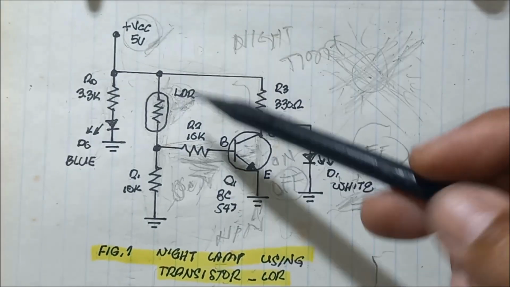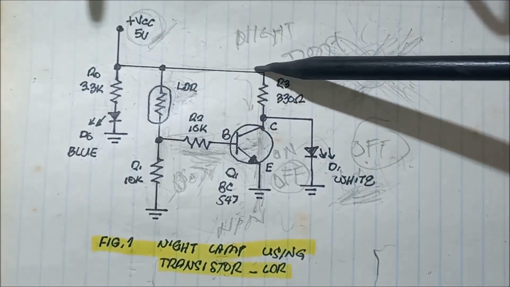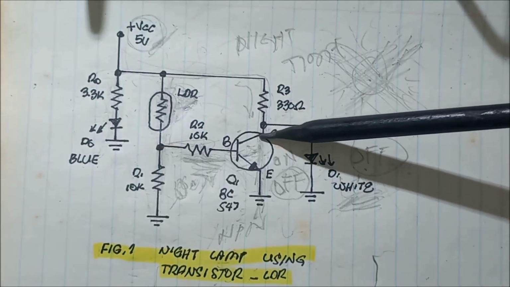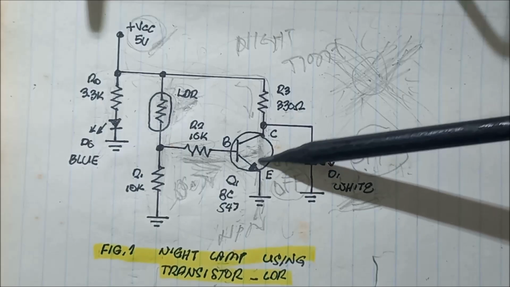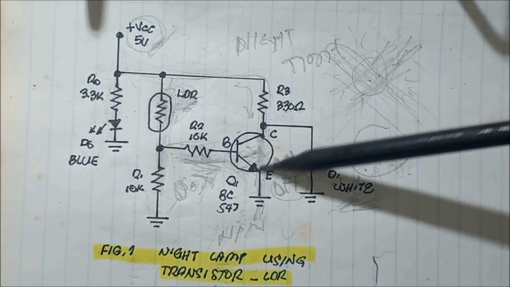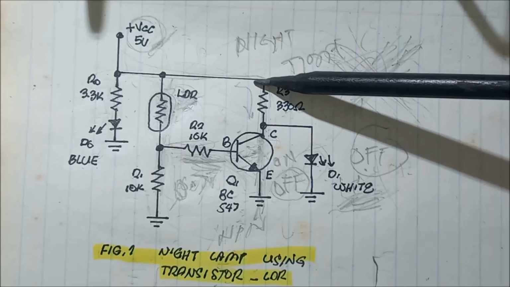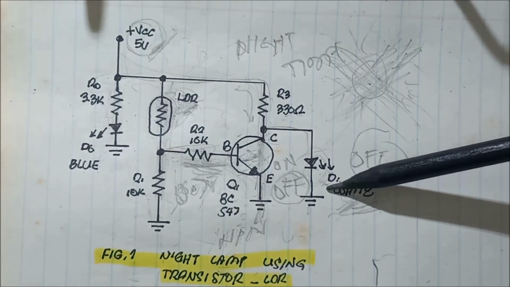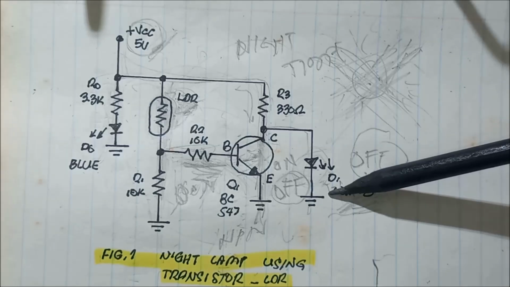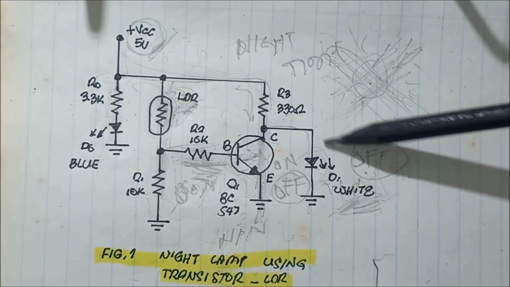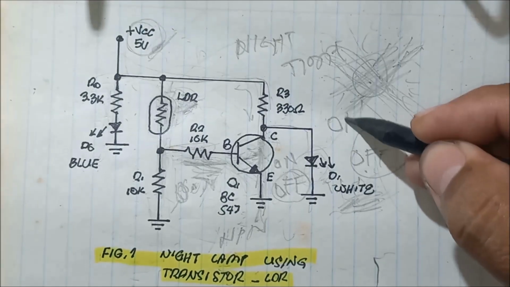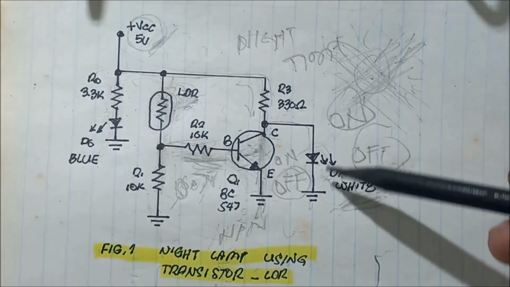Because this is off, current flows into the 330 ohm resistor. Since this acts as an open switch, because it is off, the current flows through the 330 ohms and then to the white LED. So during the night time, or when there is no light, this white LED turns on.